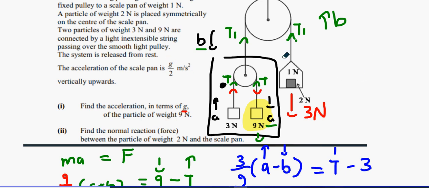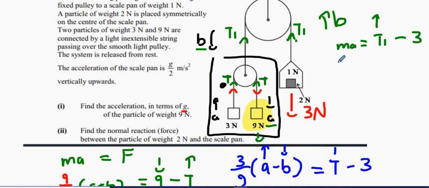Excellent. Right. So that means that MA equals T1 minus what, lads? T1 minus what? 3. Okay. Just stick with me for 1 minute longer. It gets really easy now. MA is what?